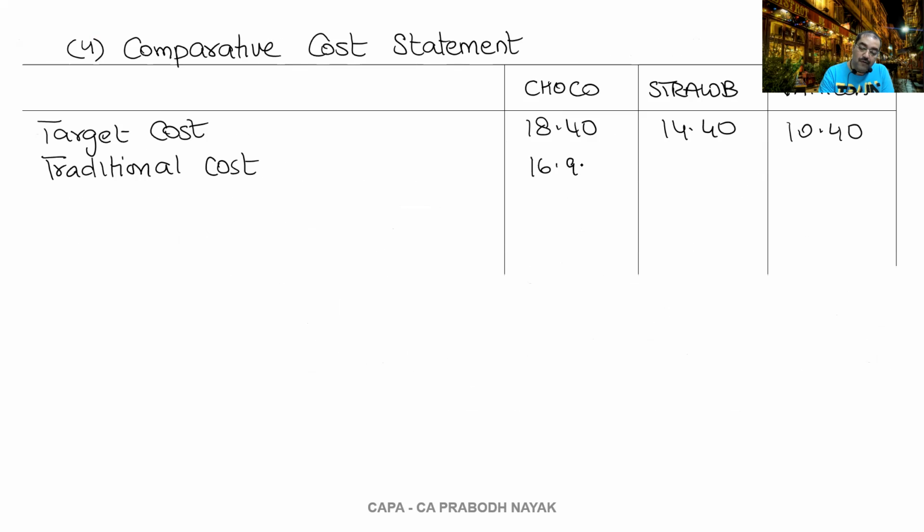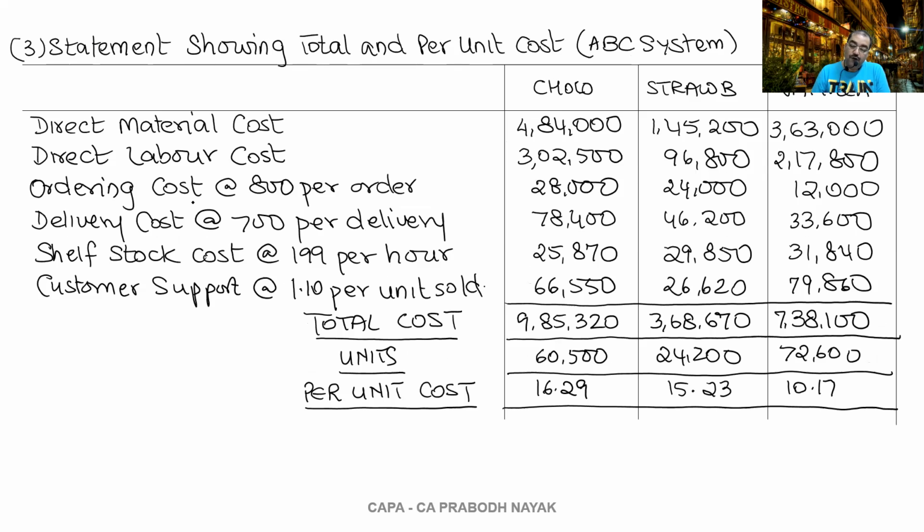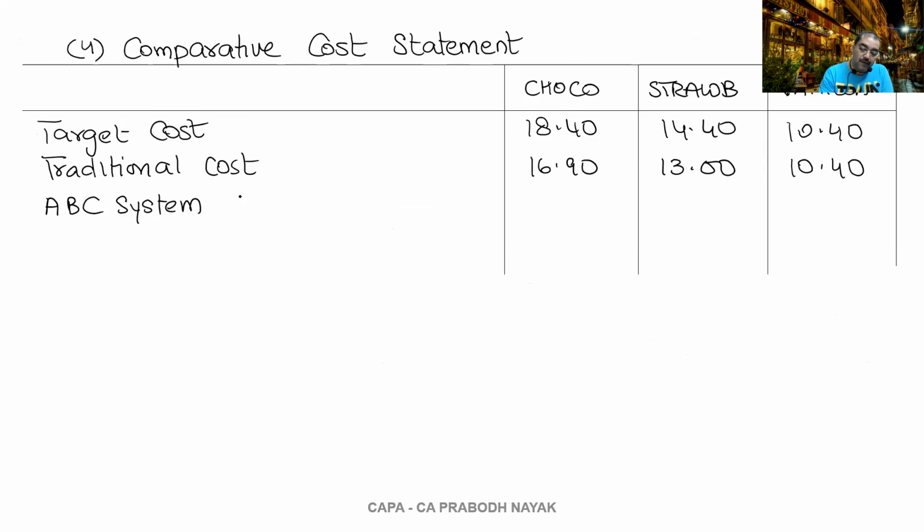Last one, that was ABC in our system. 16.29, 15.23 and 10.17.